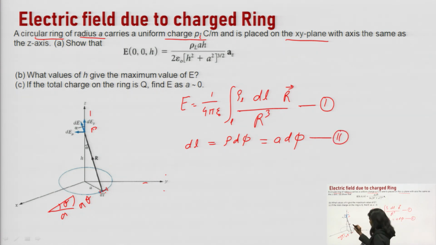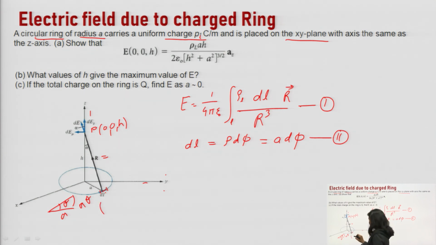Now, our aim is to find this r. r is the distance vector between our point of interest where we want to find electric field and the charged element, the small elementary part of the charged ring dl. So let us assume the coordinate of this point P where we need to find electric field as 0, 0, h. Because it is on the z axis, except z all the other parameters will be 0.